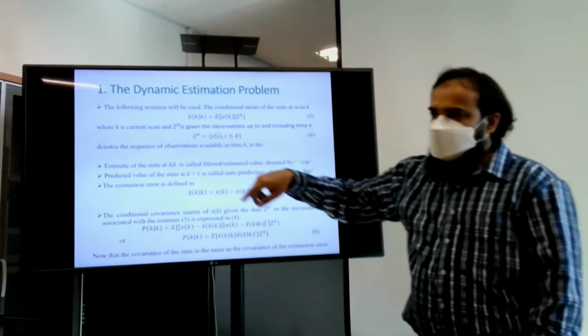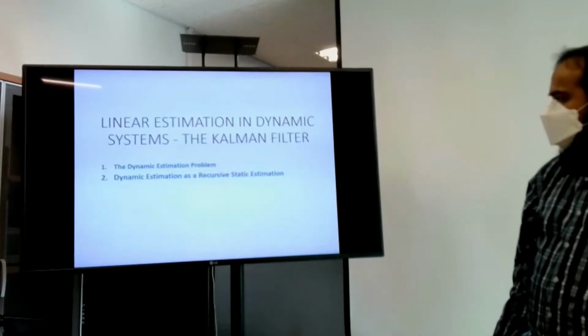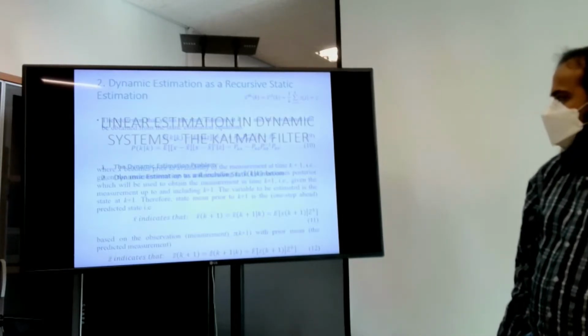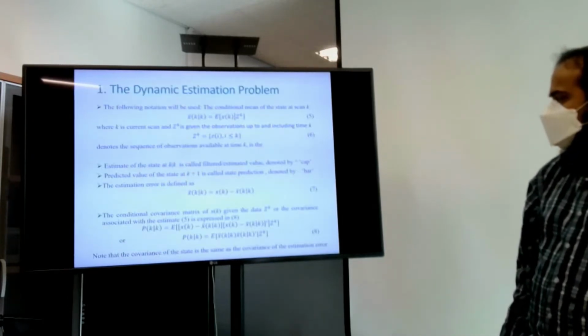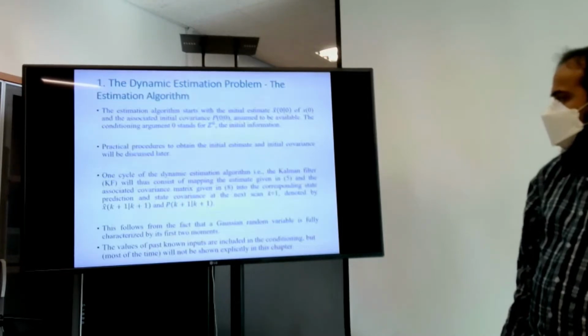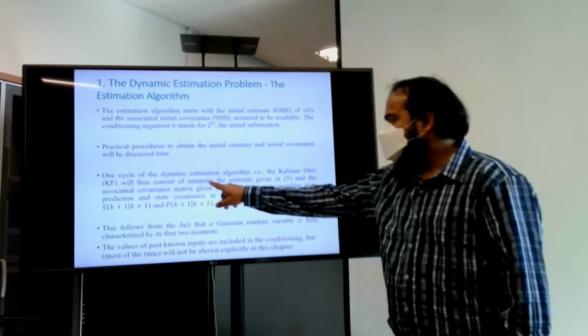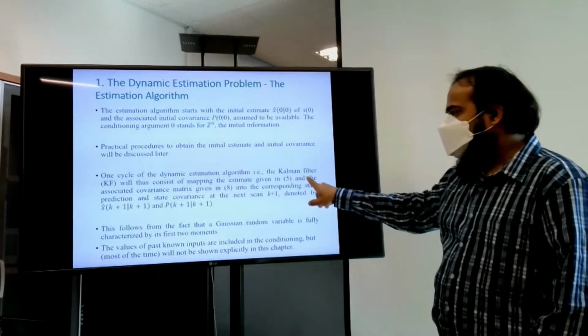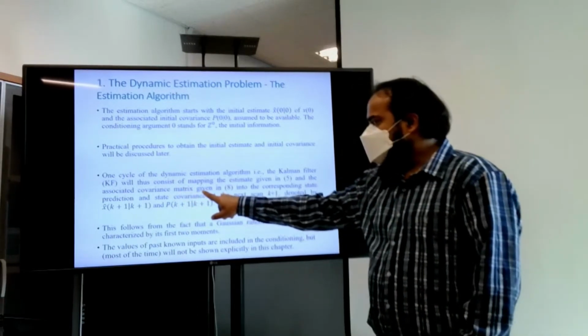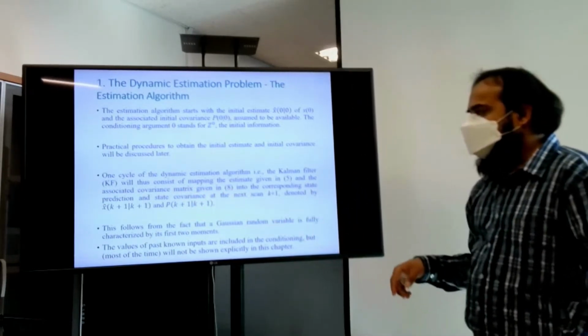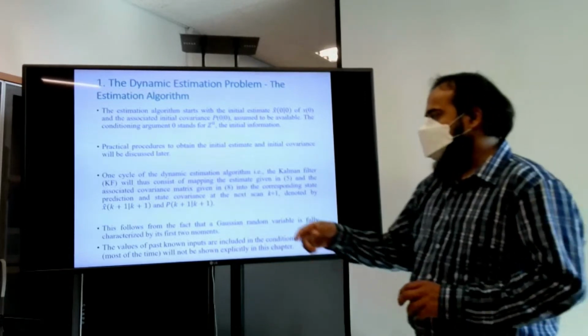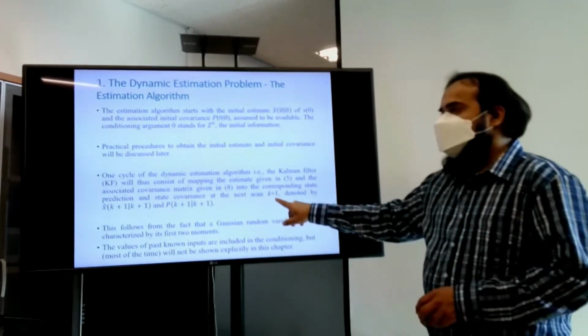So the Kalman filter will map the estimator given in 5 and the associated covariance matrix given in 8 into a corresponding state prediction and state covariance at the next scan k plus 1.